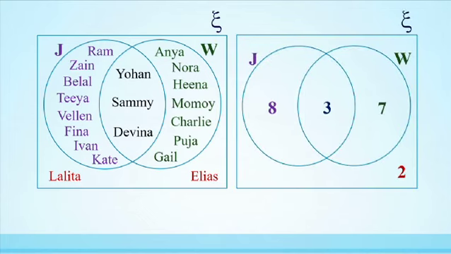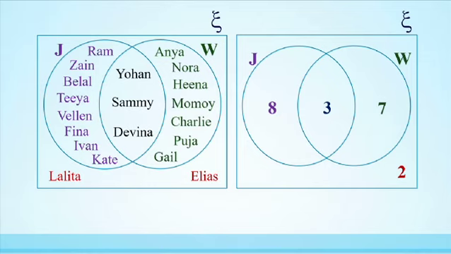Whereas the second Venn diagram represents the number of elements in each region. That is, instead of writing the elements, we have counted the number of elements and written the cardinal number in each region.